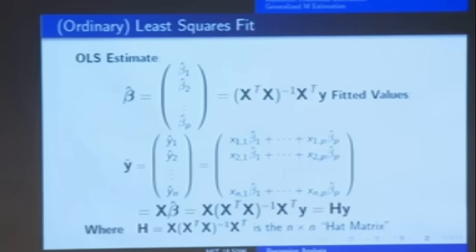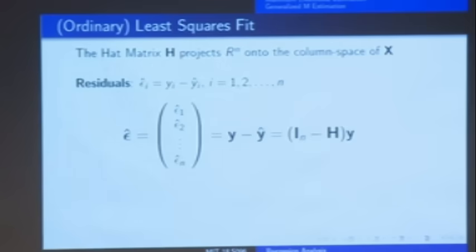And this expression for the fitted values is x times (x transpose x) inverse x transpose y, which we can represent as H times y. Now the residuals are the difference between the response value and the fitted value. And this can be expressed as y minus y hat, or (I_n minus H) times y.